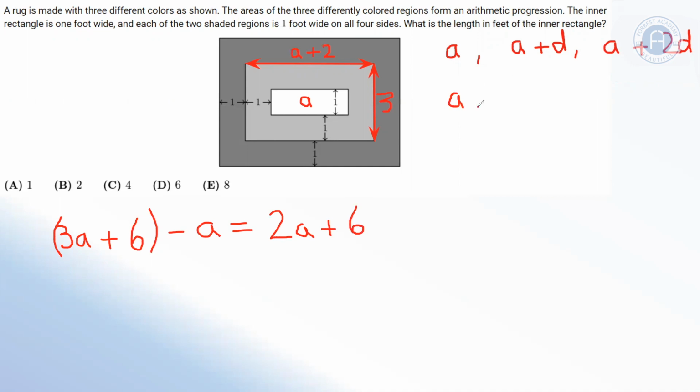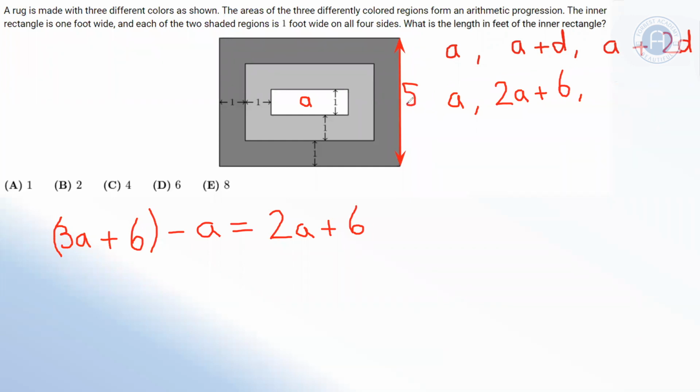So that is the second term in our sequence. Our first term is A, the second term is 2A plus 6. So let's have a look at our third term then. For the third term, we are now extending our width to 5, so obviously 1, 2, 3, 4, 5.